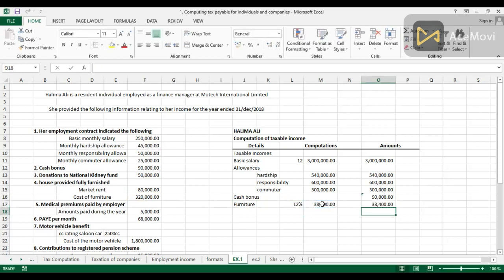Then we look for medical premiums. These are the private expenditures paid by the employer, and you can see that the amount paid during the year. So the amount is full during the year. Pay will come later. So we'll go to motor vehicle benefit.